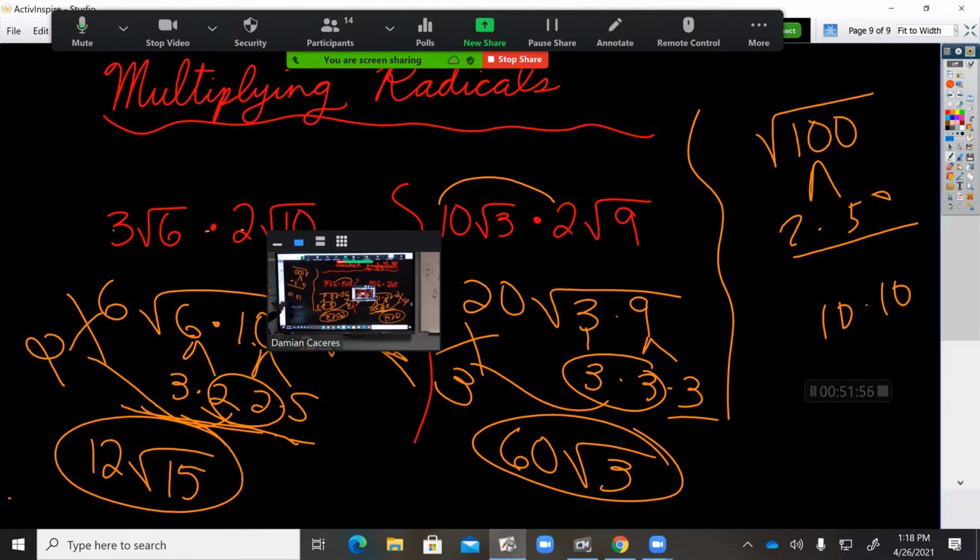So whenever possible, use numbers that you know repeat. If you get 16, don't do 8 times 2. Do 4 and 4. If you get 64, don't do 2 times 32. Do 8 times 8. It repeats. You could take it out. So you don't have to break it all the way down to the end if you use the right numbers.